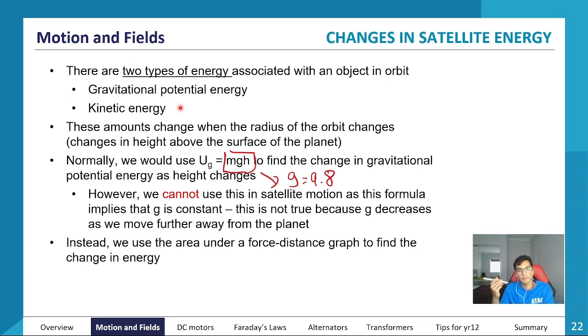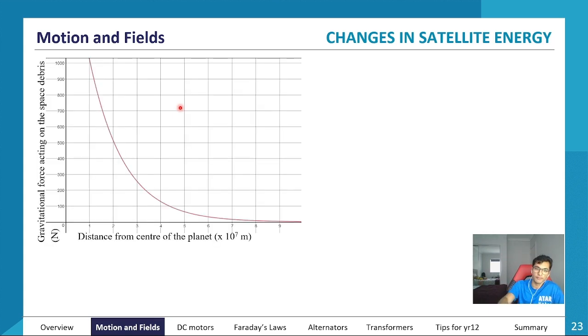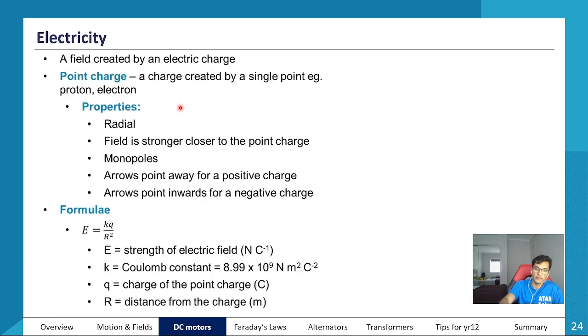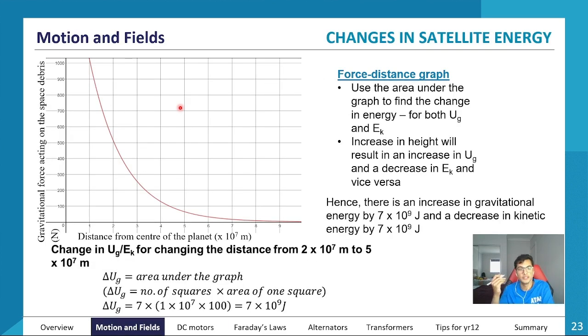But the problem is, at different heights, the higher up you go, the weaker the gravitational field becomes. And so we can't really use this formula, GPE equals m times g times h. So how do we find gravitational potential energy if we can't use this formula? And what we do is we use these graphs, our distance multiplied by force graphs.